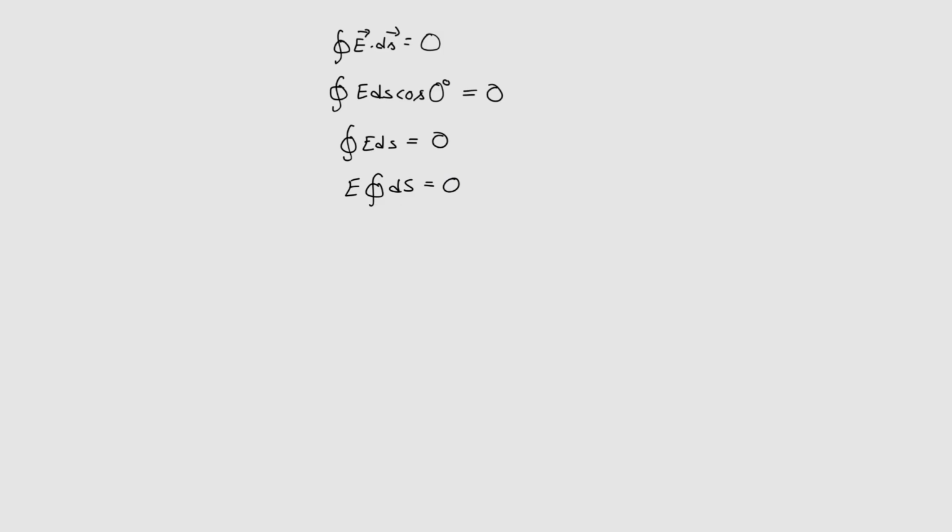And what is the surface we integrate over? Once again, it is a sphere of radius r1. So it becomes E into 4 pi r1 squared equal to 0. Since 4 pi r1 squared cannot be 0, E must be equal to 0.